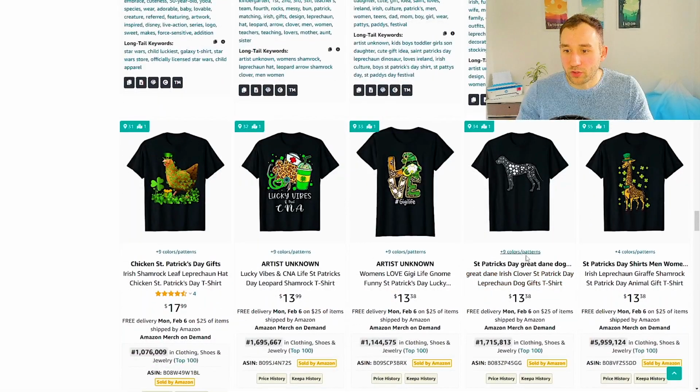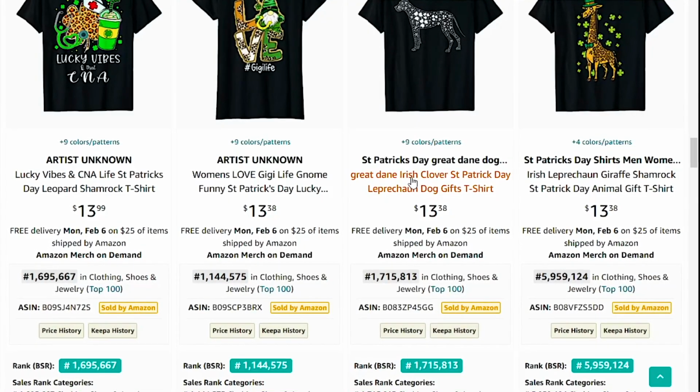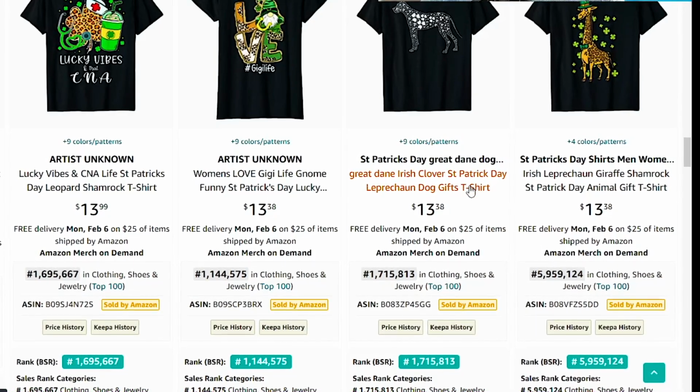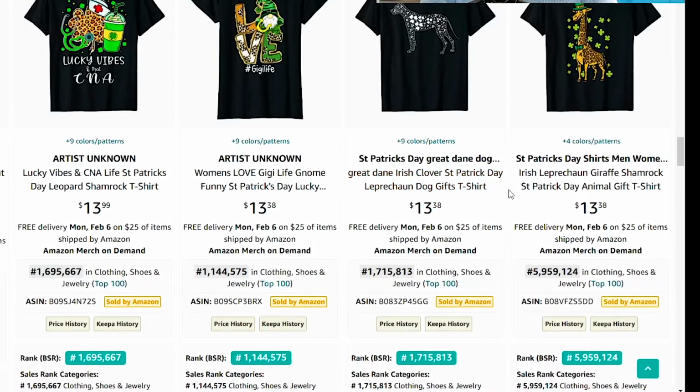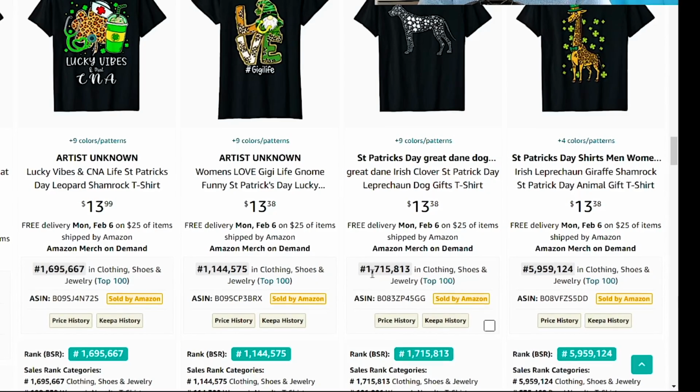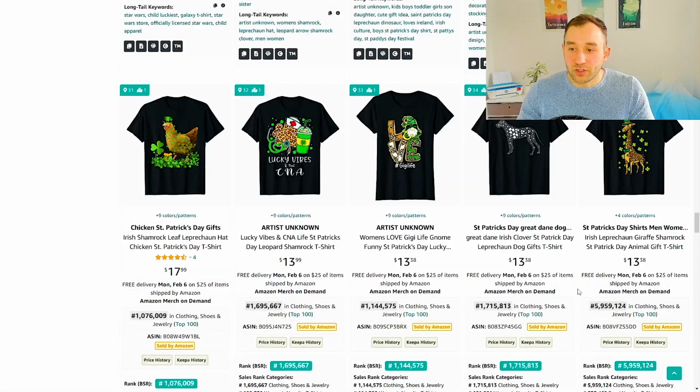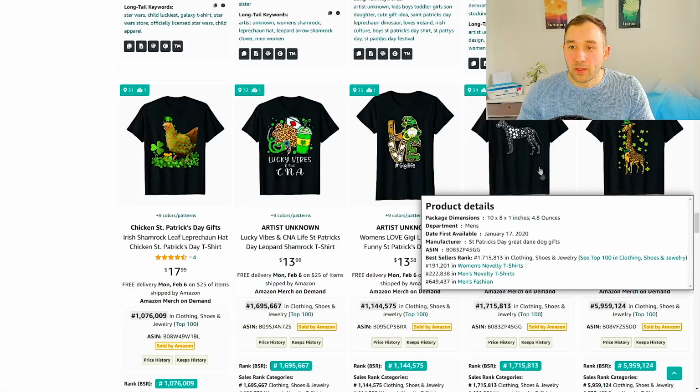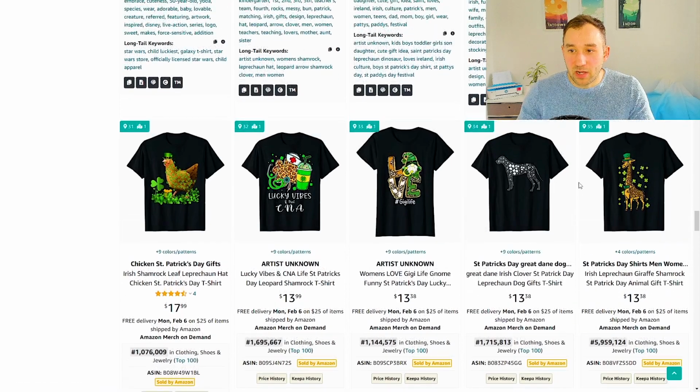Right here we've got a Great Dane filled with Irish clovers or shamrocks, and I think those sort of designs, whilst right now these are not getting a ton of sales, but we're still quite a way out from St. Patrick's Day, can definitely stand out a lot better because there's not that many of them, right? It's a very specific animal, it's the shape filled with clovers, and it definitely looks unique.